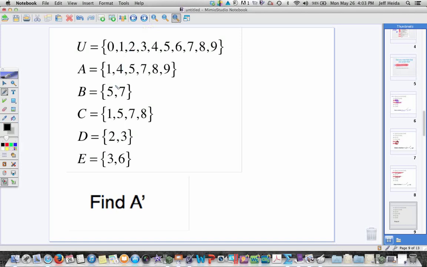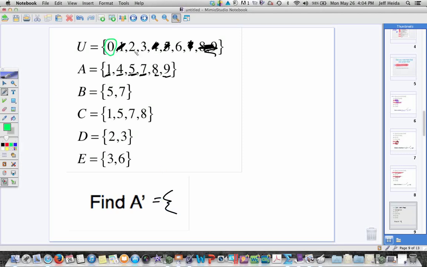So now we want to find the complement of A. The way that I do this, you go over to A, you have 1, so I'd cross out the 1, you have a 4, cross out the 4, you have a 5, cross out the 5, 7, cross that out, 8 and 9, I'll just cross those out. So the complement of A is going to be everything I haven't crossed out.